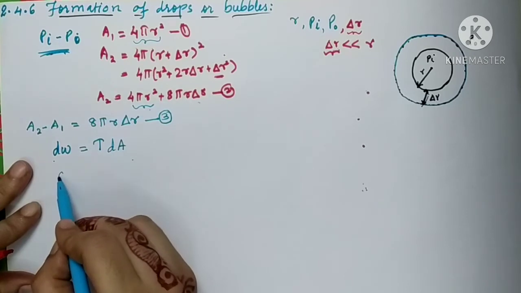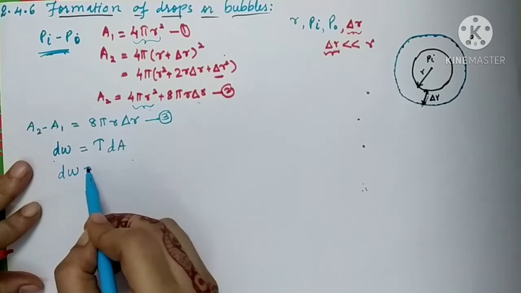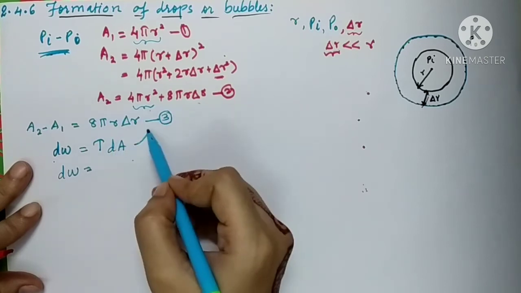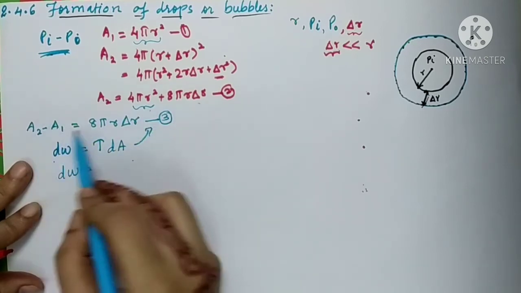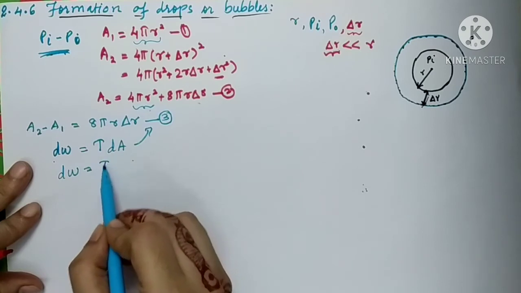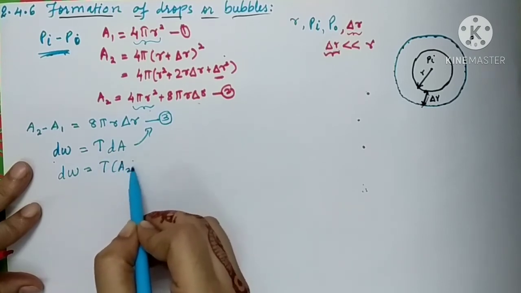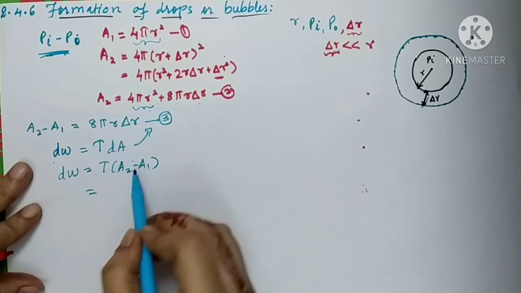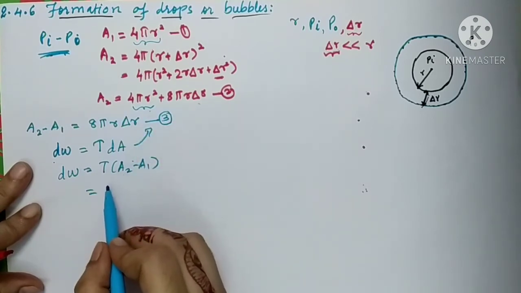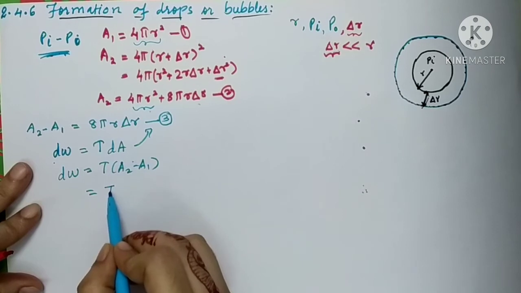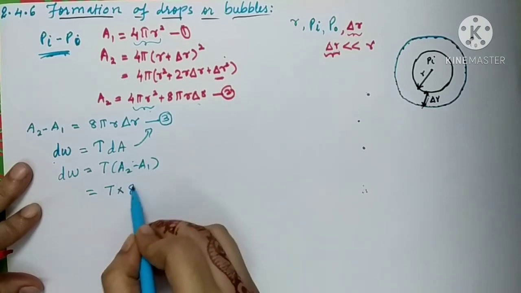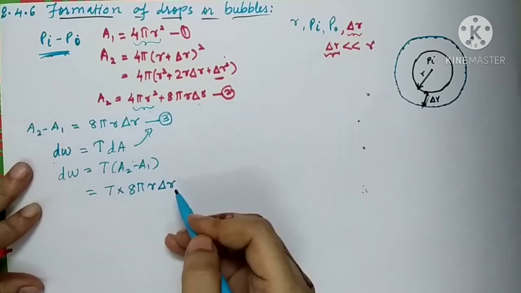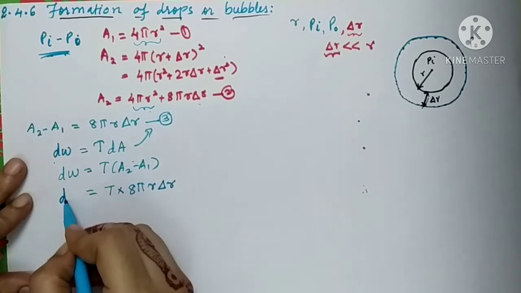This dA is nothing but the increase in surface area, A2 minus A1. Substituting from equation 3, we get T into 8 pi r delta r is equal to dW.